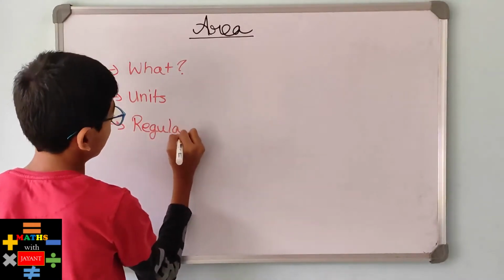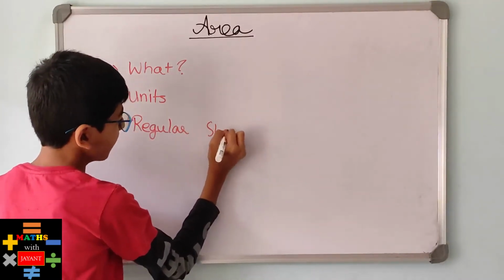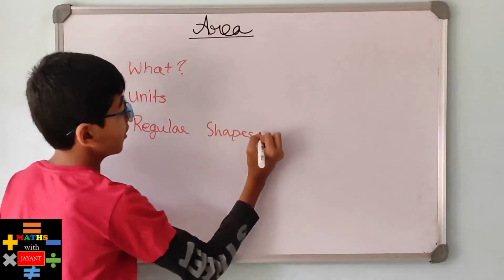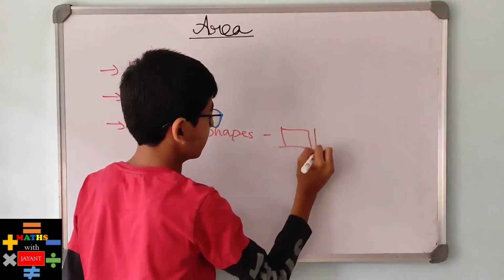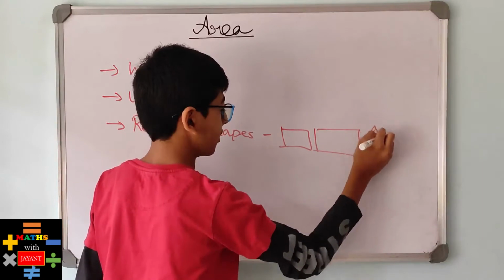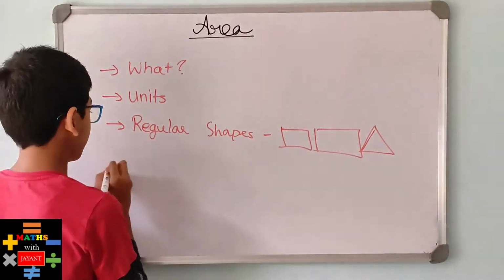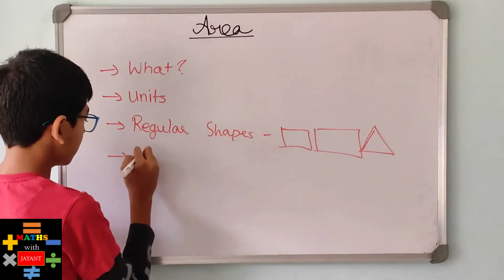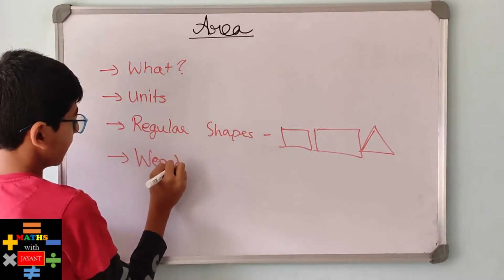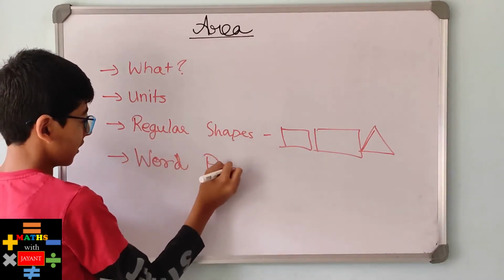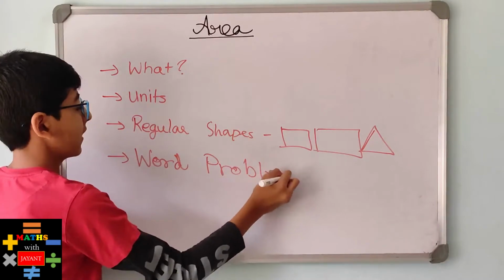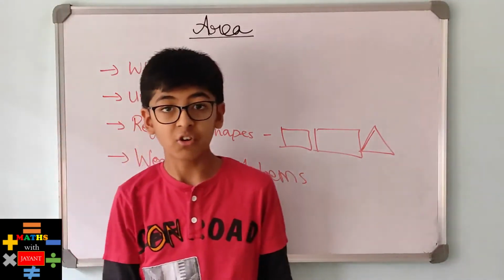And what do I mean by regular shapes? I mean squares, rectangles and triangles. So we will learn how to find the area of these. Then we will also solve some word problems which use area. So let us start with today's topic.